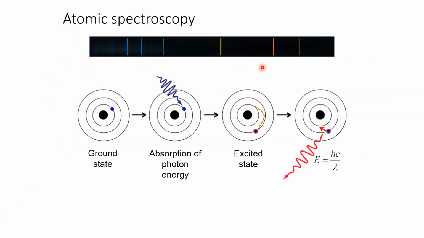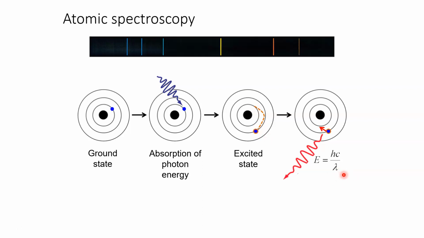Atomic spectroscopy is a really cool technique that we can use to learn about the world. You have an electron in the ground state, and you zap it with some energy, and it absorbs a photon, a packet of light energy. That's what photons are. And it moves, so now it's in an excited state, and then when it falls back down, it emits light.